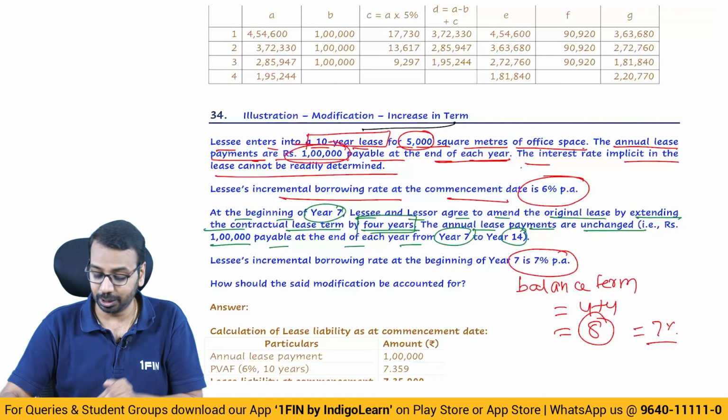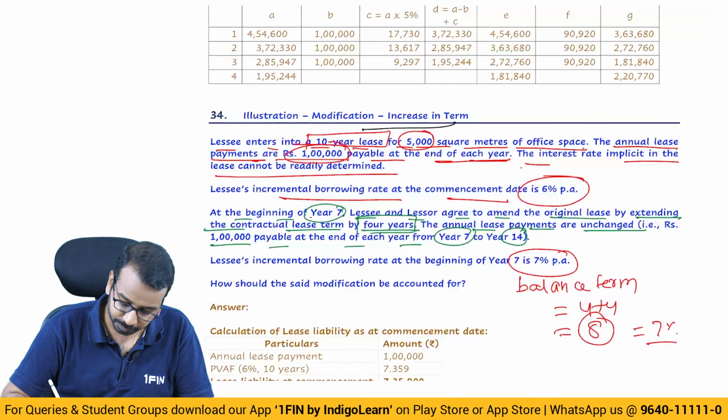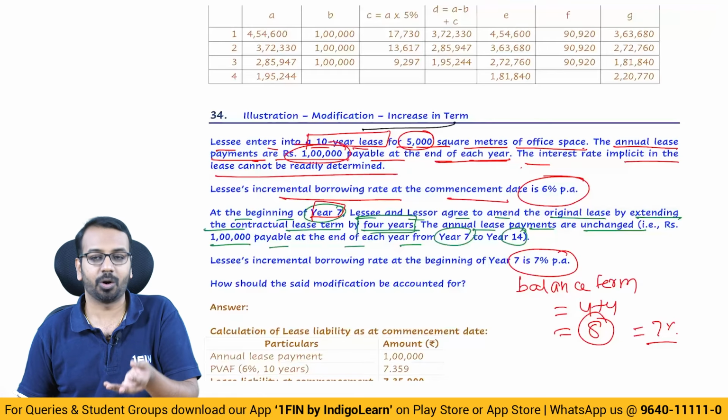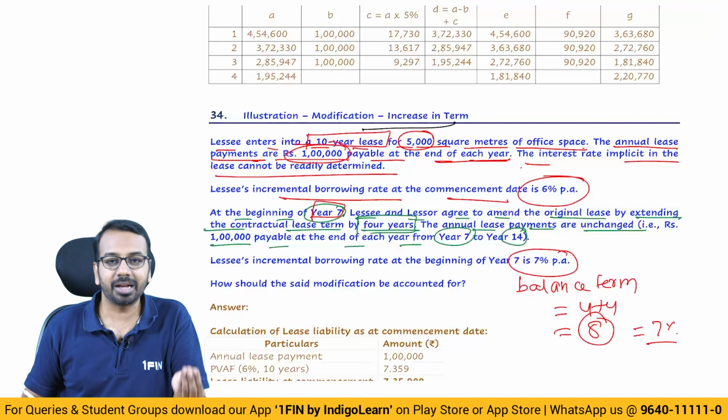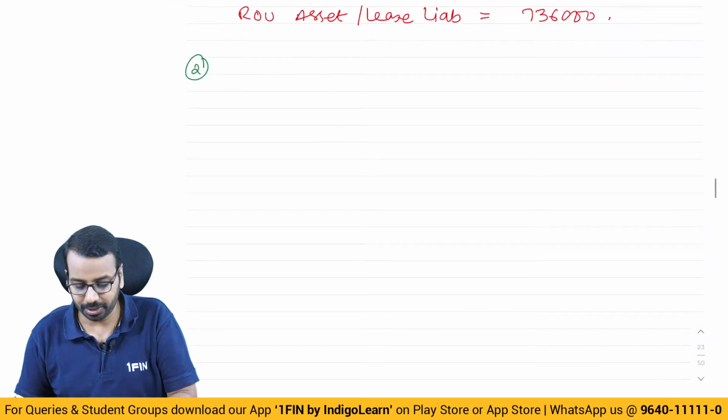But before that, we need to know what was the lease liability on 1st of January or April, whatever you call it, of year 7. At the beginning of year 7, what was the lease liability? For that, we can do it in two ways. One, we can prepare a lease table.